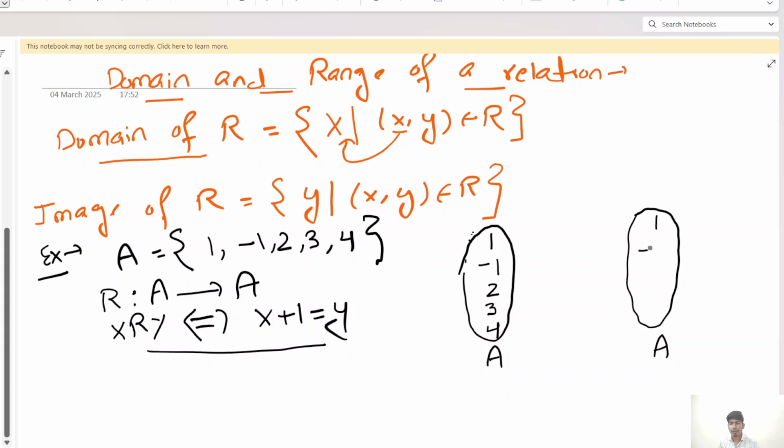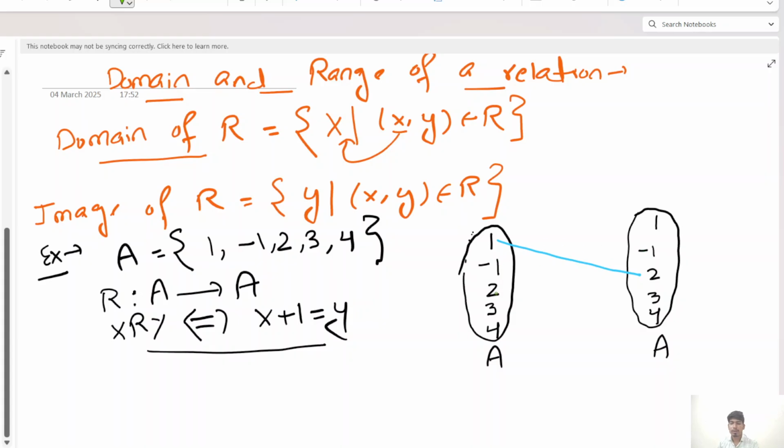Then 1 goes to 2, since x = 1 gives y = 2. For -1, -1 plus 1 is 0, and there is no 0 here, so there is no image of -1.